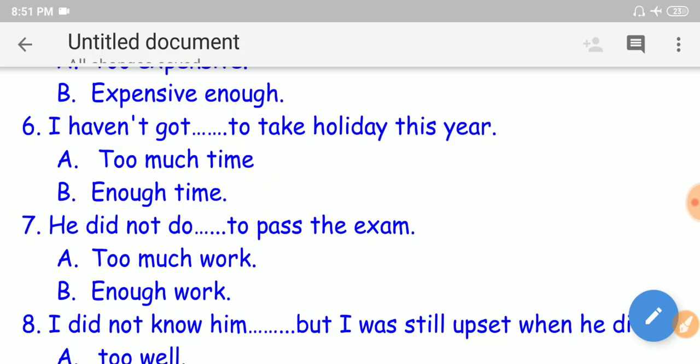So the seventh one: he did not do dash work to pass the exam. He did not do enough work, the necessary work, to pass the exam. He did not do too much work should not be used. So enough work is the correct answer, my dear friends.